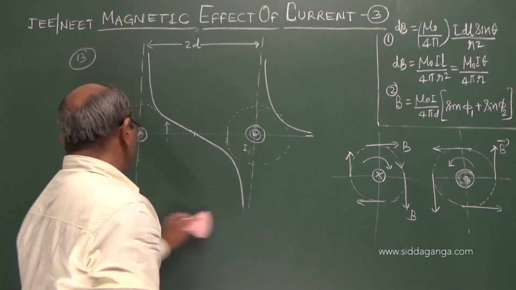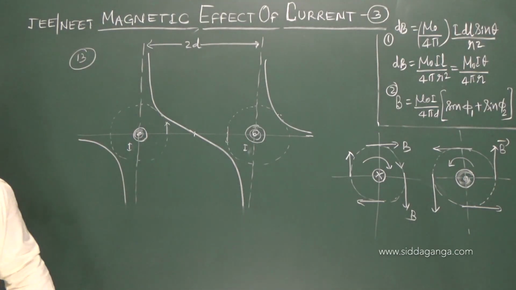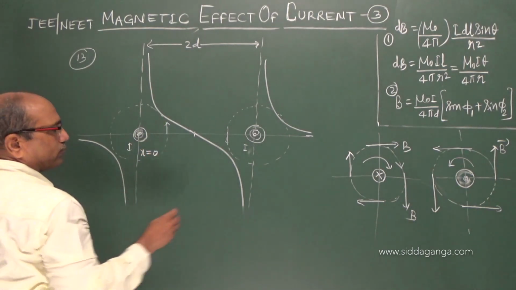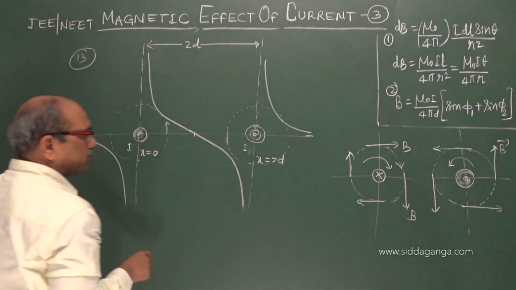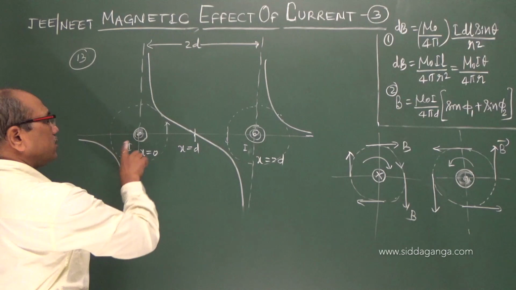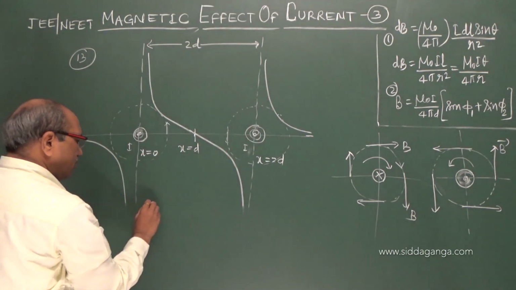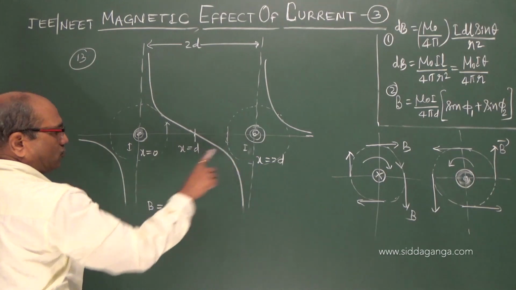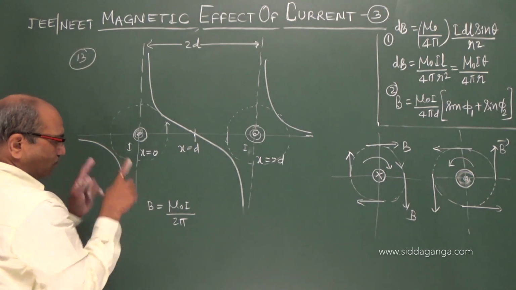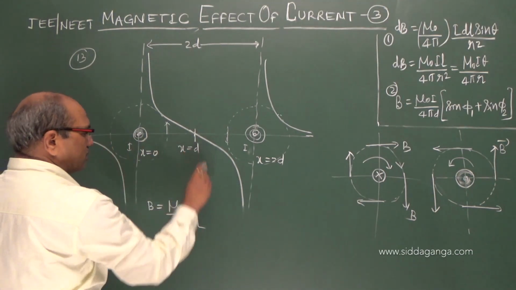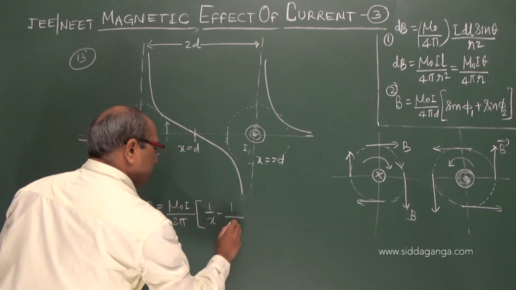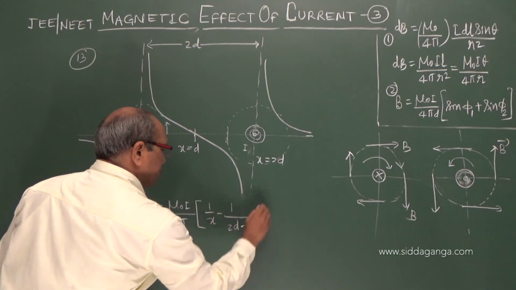Suppose one end is x equal to 0, the other is at 2D, and the middle is x equal to D. One field is rightward and one is leftward, therefore the magnetic field at any point between the two is B equal to mu naught I by 2 pi, times 1 by x minus 1 by 2D minus x.